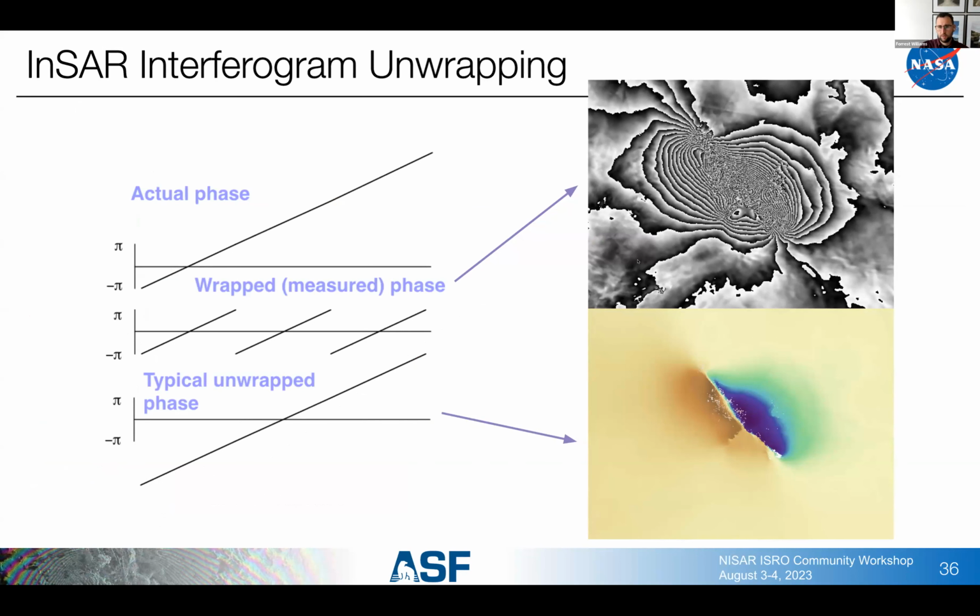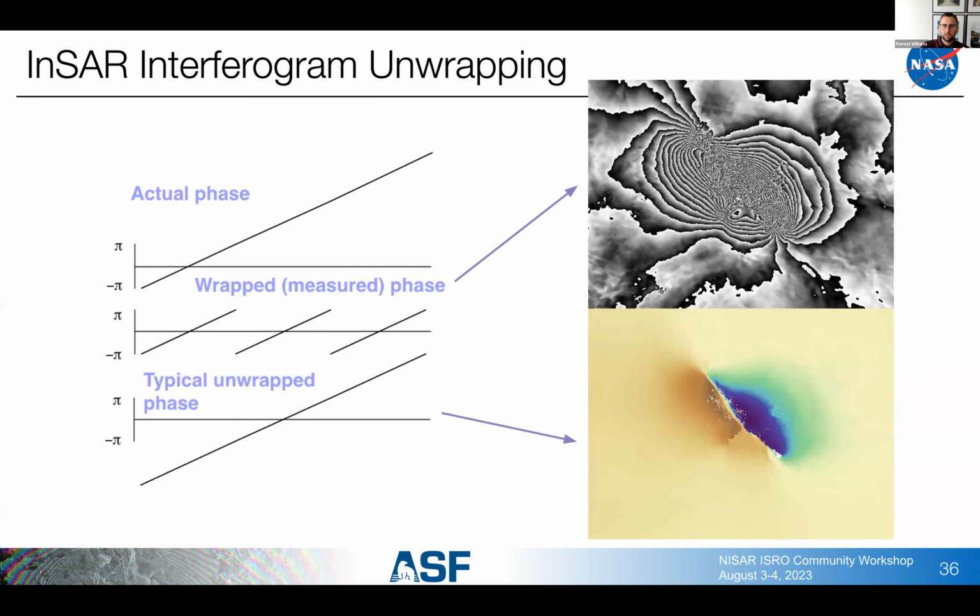And so here we can see that the color scale goes from black for negative pi all the way to white for pi, which is basically one full phase cycle of deformation. And so we can see that deformation is increasing as we get towards the center of this earthquake feature, but that it's not a continuous field of deformation that we're measuring. Instead, we're measuring this strange kind of wrapped phase component.